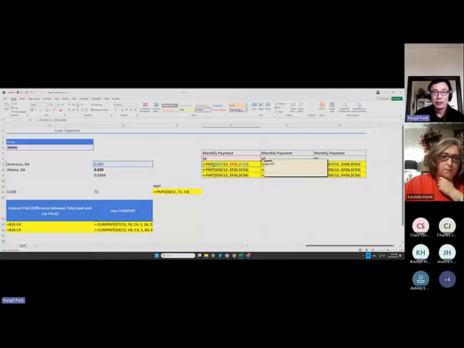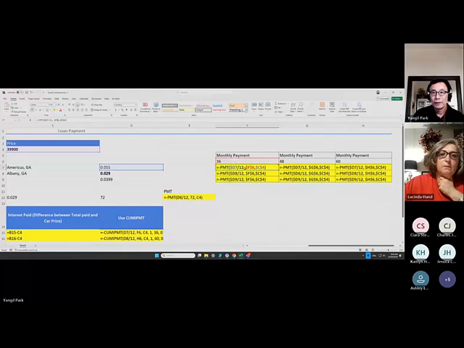So minus PMT, then D7 is the interest rate divided by 12, then comma, then F6, that's the total months, which is 36. Then the last one would be the automobile price, or present value, what they call. So that's how the PMT function works. You need to have those 3 elements. You have other elements you can add, but that's optional. Typically, those 3 will take care of the monthly payment.